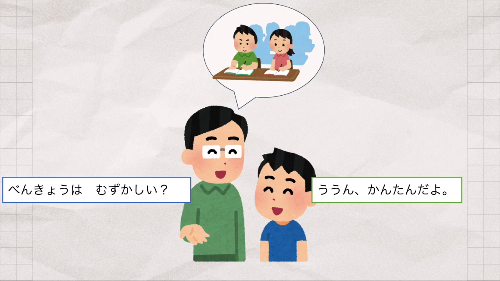So obviously they're family, so they are using normal conversation tone. However, if you didn't know that they are related, we could tell that it's normal form because he says 難しい, which is an e adjective in normal present form, and he's answering 簡単だよ, which is also normal form.